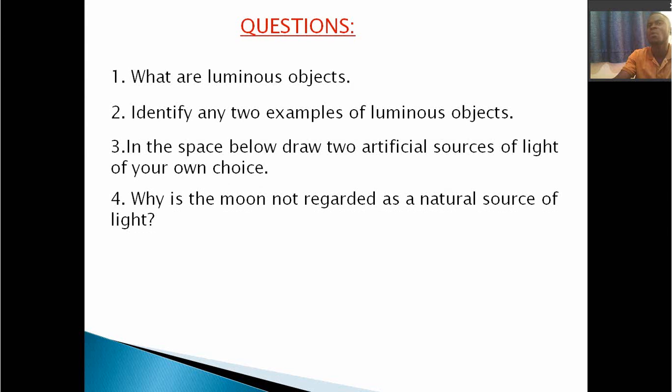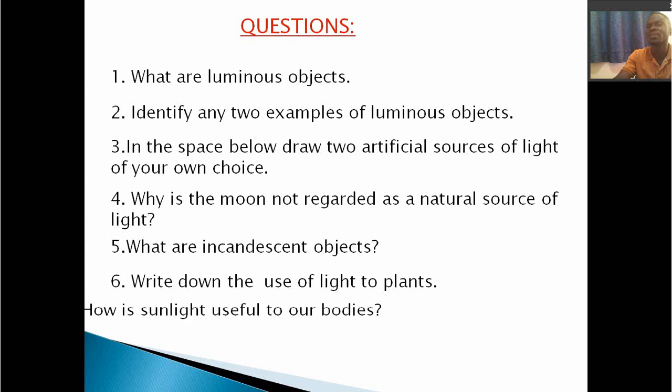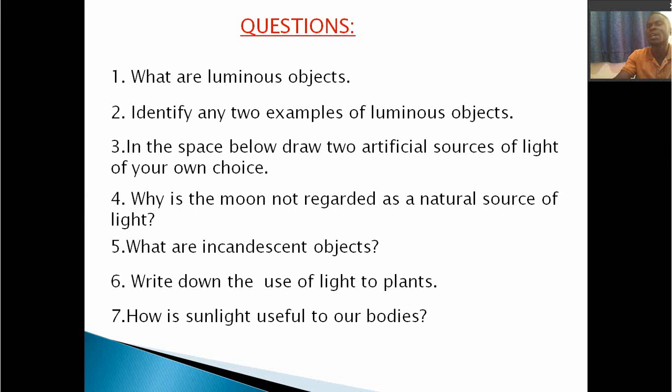Question number 4, why is the moon not regarded as a natural source of light? Question number 5, what are incandescent objects? Question number 6, write down the use of light to plants. Question number 7, how is sunlight useful to our bodies?